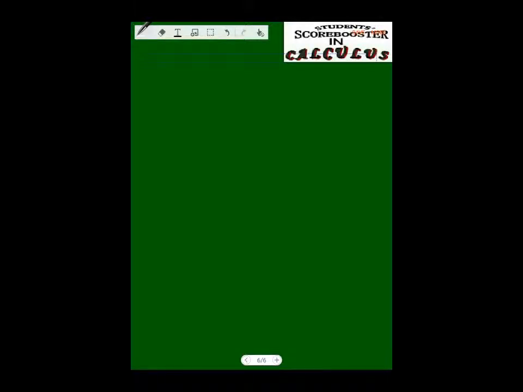So if you substitute this, you're going to have 2 squared minus 1 over 3 times 2 raised to power 3, minus 0 squared, minus 1 over 3 times 0 cubed.